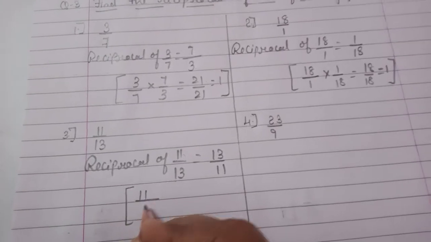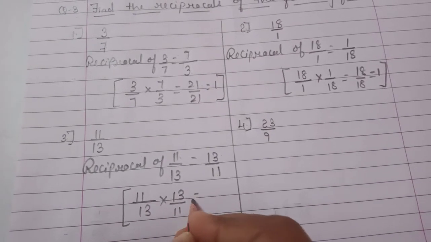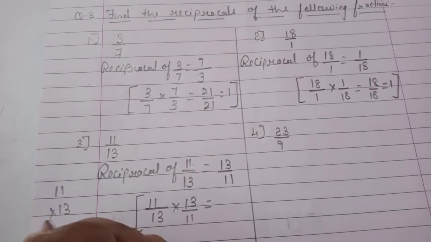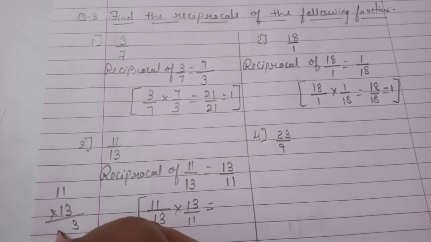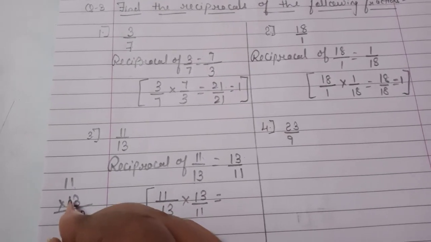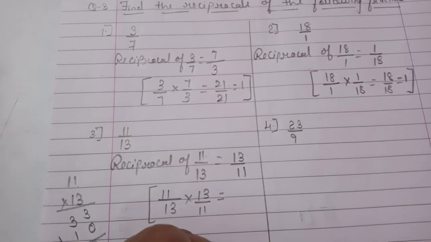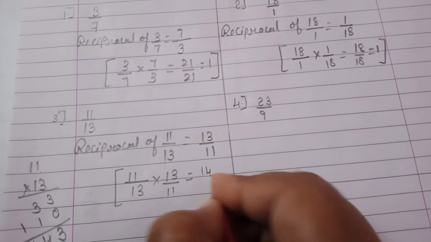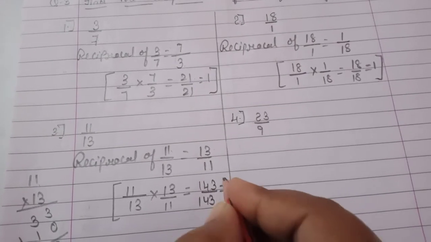So 11 upon 13 multiply by 13 upon 11 is equal to, so we have to multiply. 3 1s are 3, 3 1s are 3. So we will write 1 0, 1 1s are 1, 1 1s are 1. So 3, 3 plus 1 is 4, 143. So 143 upon 143 is equal to 1.